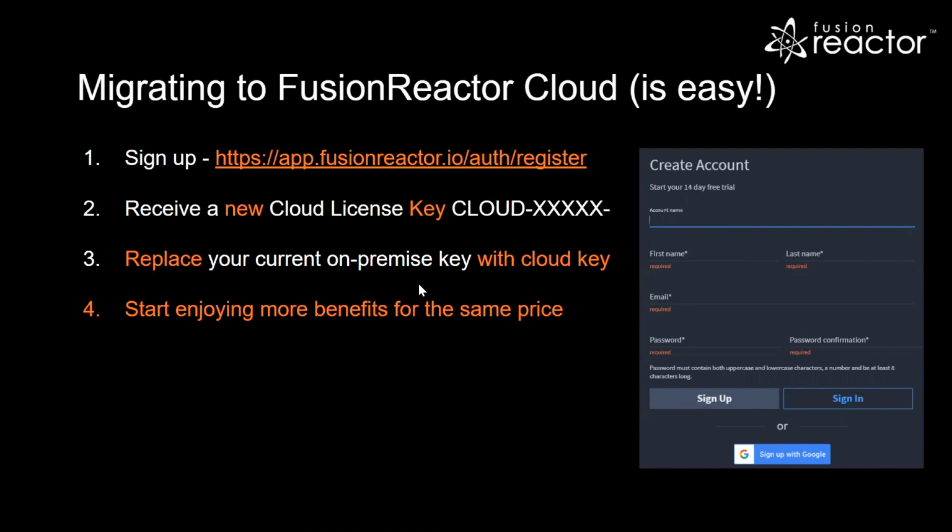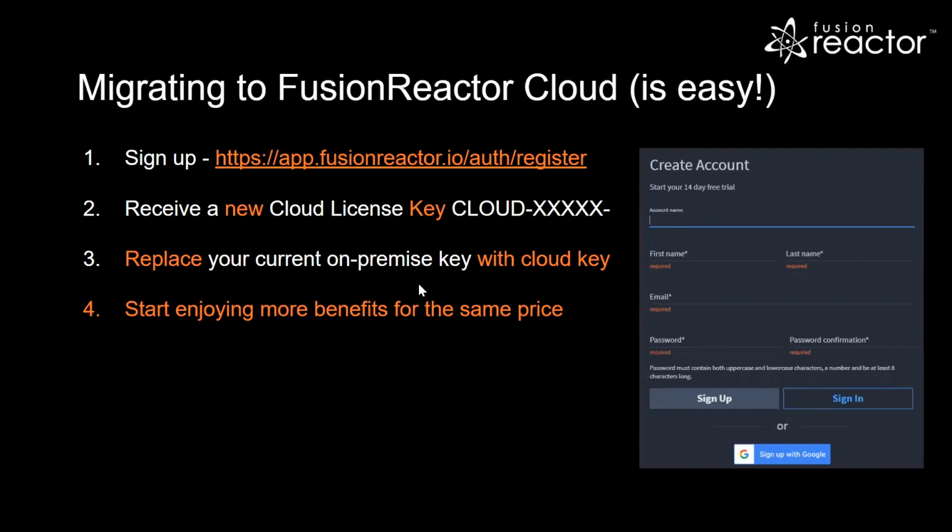As soon as you register, we will send you a new key, and the key has got the word cloud in front of it, and then it's a similar 25-digit key, just like the regular FusionReactor on-premise key. You'd then replace your current on-premise key with your cloud key.